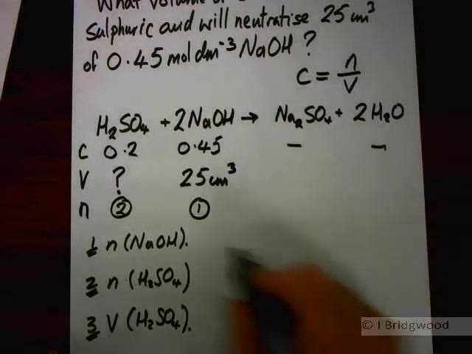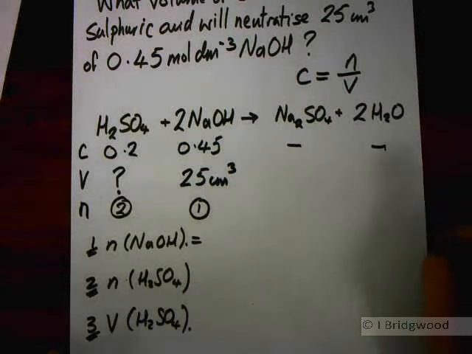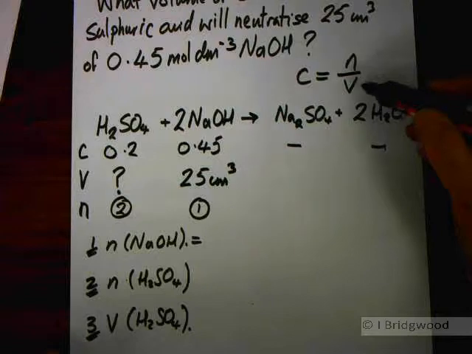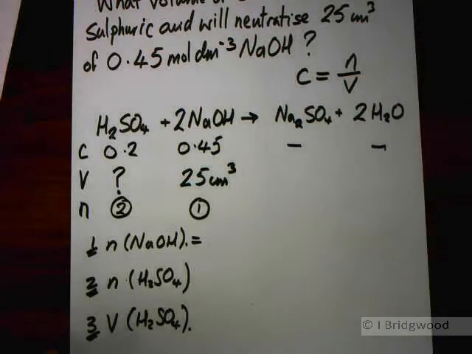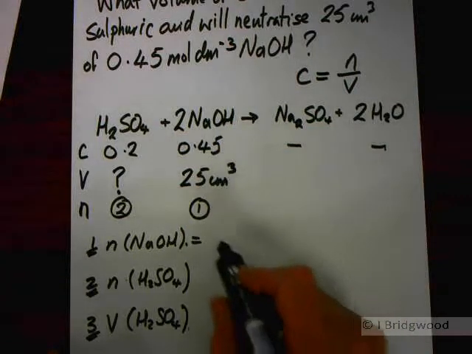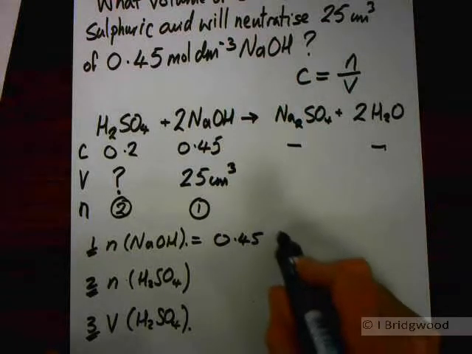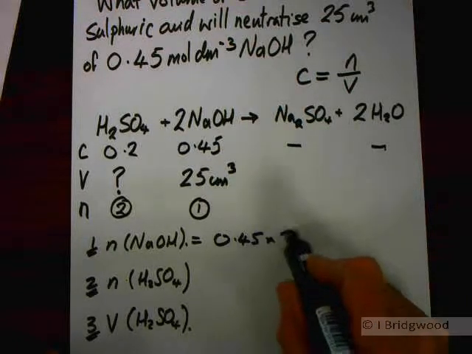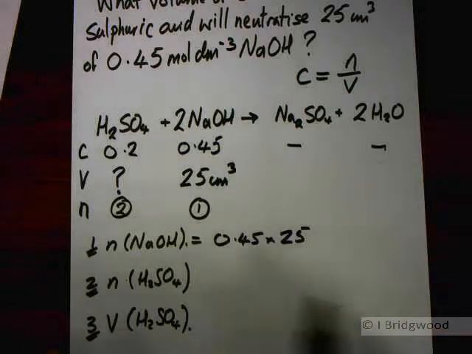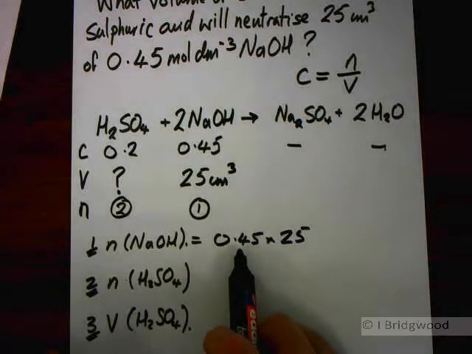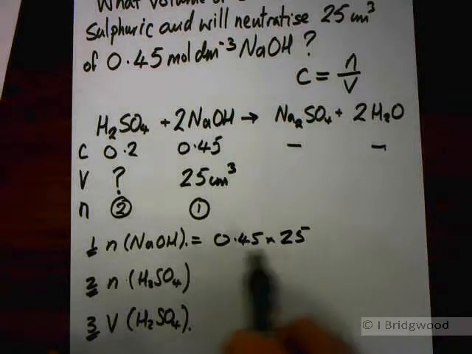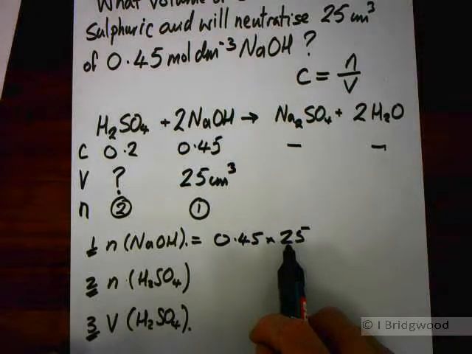Rearrange our equation. Concentration equals number of moles over volume. Take the volume up to the top on the left hand side. That means number of moles equals concentration times volume. Concentration 0.45, volume 25. But remember that concentration is in moles per cubic decimetre and our volume here is in cubic centimetres.